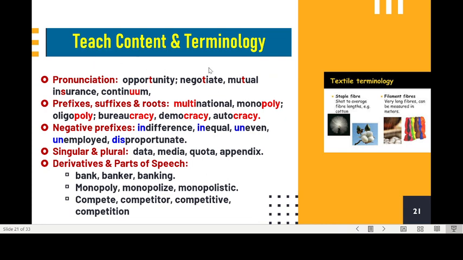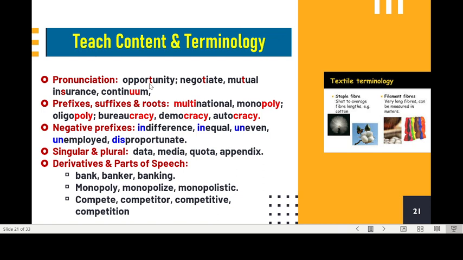Also we teach new words, new technical terms, through content, whether it's spoken or a written text. And when we teach new words, new terms, we have to teach the students how to pronounce the words. For example, English is not regular.